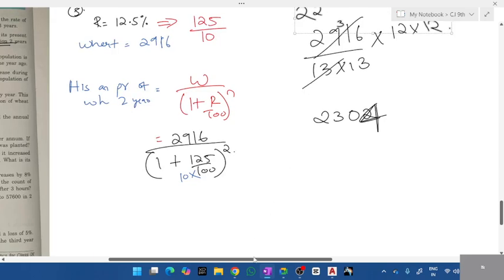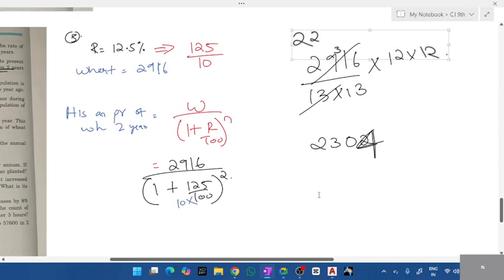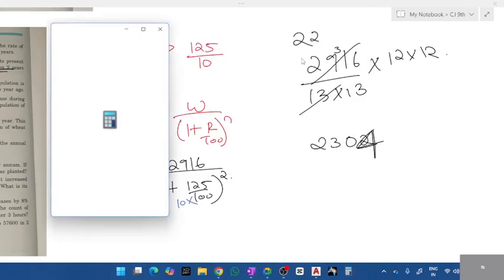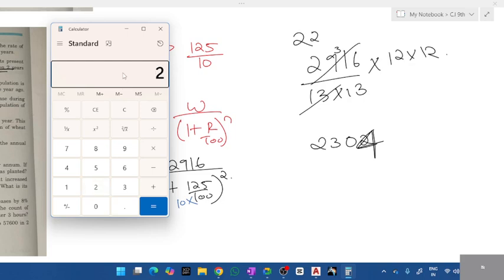Do you have textbook with you all? 2304. 2916. 2916 into 12 into. How come? Anaya, what calculation did you do? Is Anaya online? 2916 into 12 into 12. Can you see the screen, all of you? Divided by 13. Divided by 13. What's the answer you get?